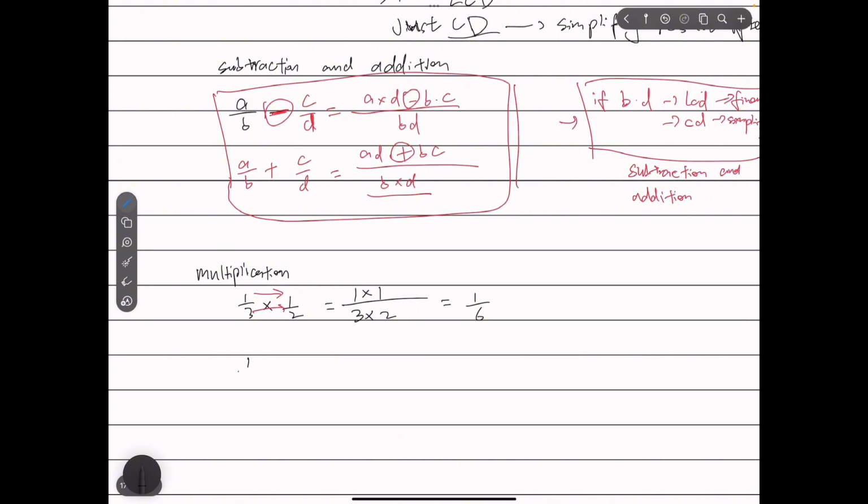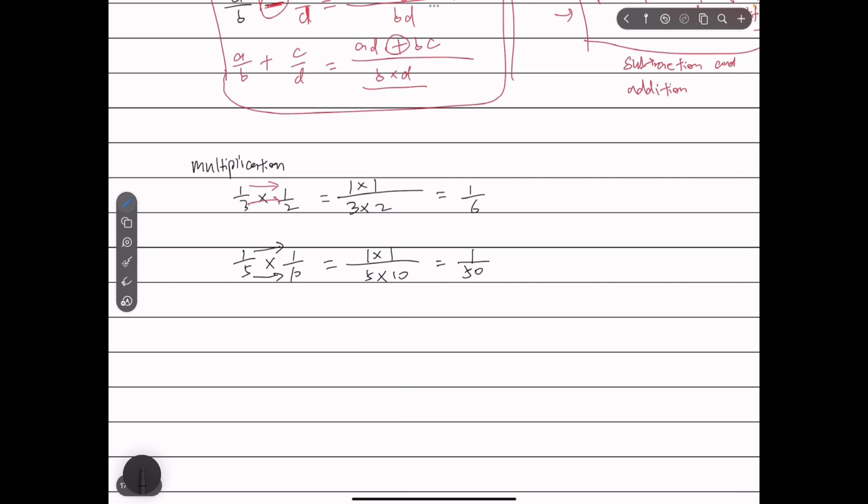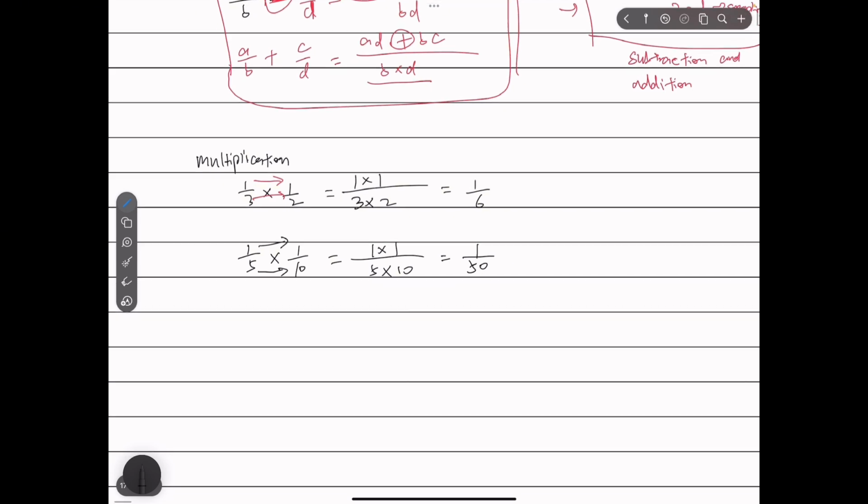Another example, if we have 1 over 5 times 1 over 10, that will give us 5 times 10, 1 times 1. Top times top, bottom times bottom. So 50, that's 1 over 50. It doesn't matter if the denominator is the same or not, we just do the multiplication. So the common form will be a over b times c over d.